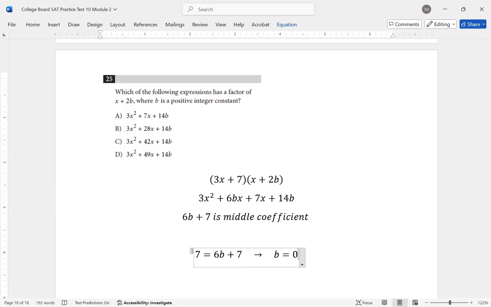Subtract 7 from both sides, divide by 6, b would have had to have been 0. That is not a positive integer. So that's not going to work. And then we do the same thing for 28. If 28 is equal to 6b plus 7, subtract 7 from both sides and then divide by 6.